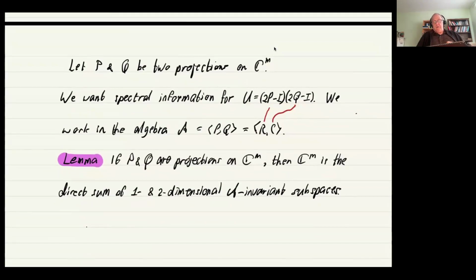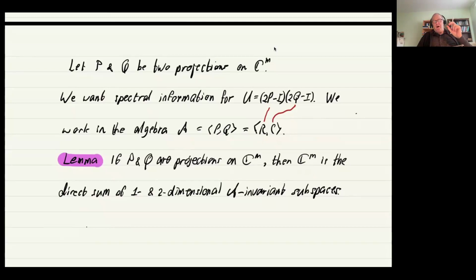We're going to work in the algebra generated by P and Q, which is equal to the algebra generated by R and C, because R is 2P minus I and C is 2Q minus I. And I'll call it a lemma: if P and Q are projections on C^n, then C^n is a direct sum of one-dimensional subspaces and two-dimensional subspaces. That means we can find a change of basis so that every matrix in the algebra A is block diagonal, and the blocks will have size 1 and 2.